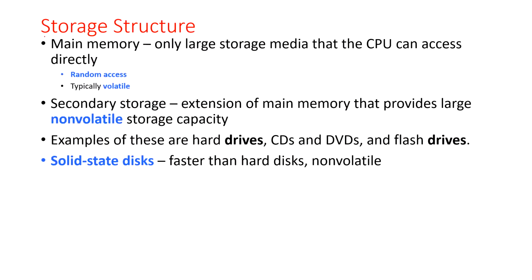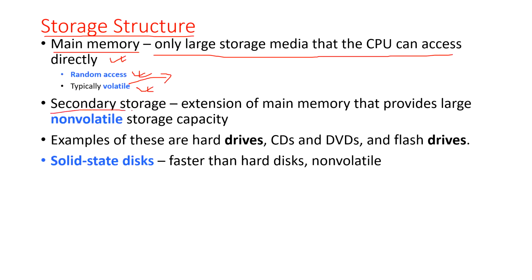Then we should know the storage structure in a computer system. It consists of main memory and secondary memory. Main memory is the only large storage medium that the CPU can access directly. It is normally random access memory and is typically volatile in nature. Volatility means the data stored in the memory will be lost as soon as the power goes off.